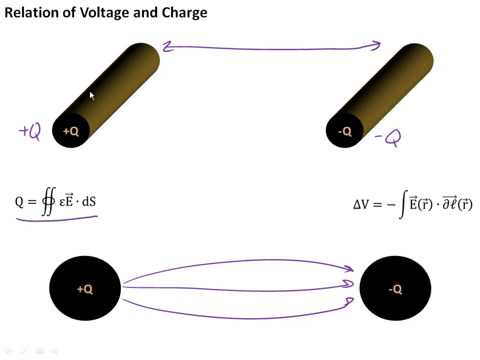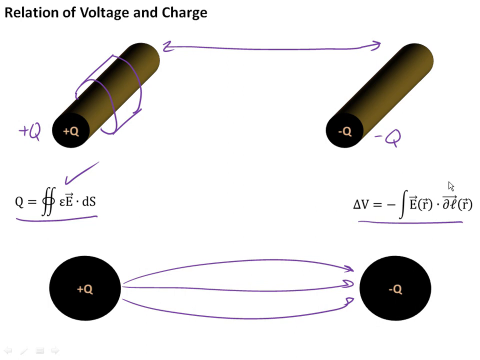The charge is that surface integral, and if I put a can around this and integrate over that can, essentially what I'm going to see is that the charge remains the same. This integral has absolutely nothing to do with the distance between them, so that simply remains Q.